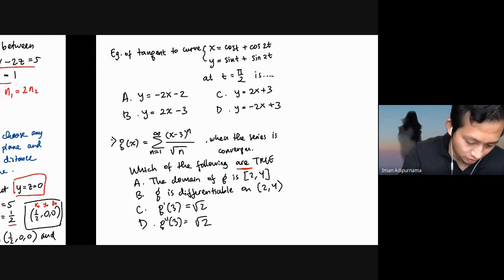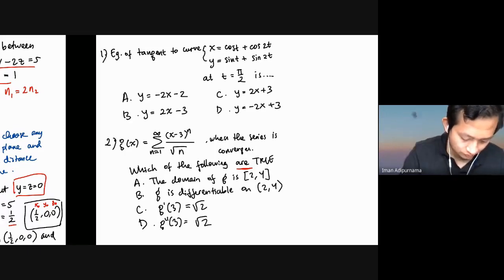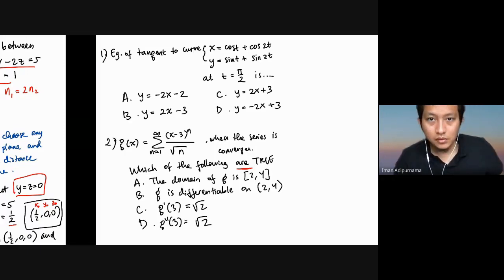This is number 1, this is number 2. You can write the answer like number 1 A, number 1 C, or number 2 A, number 2 B.